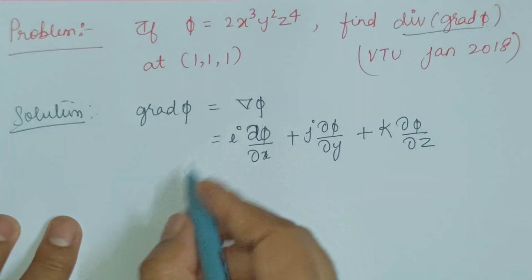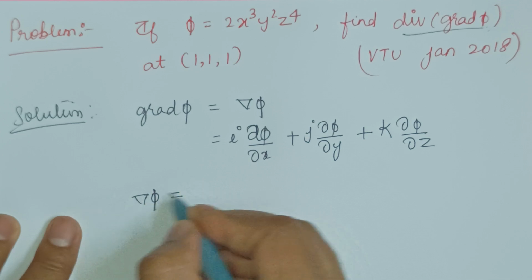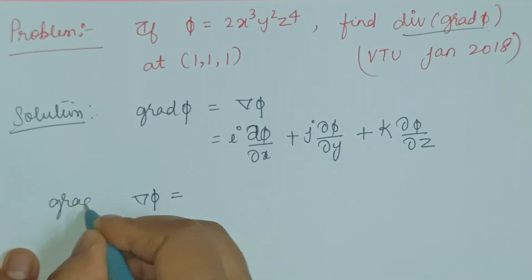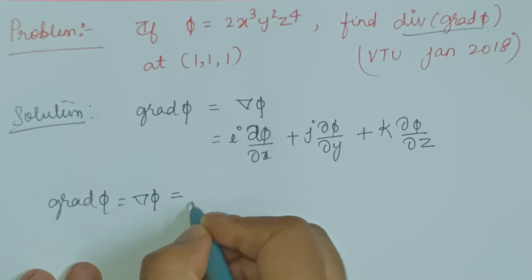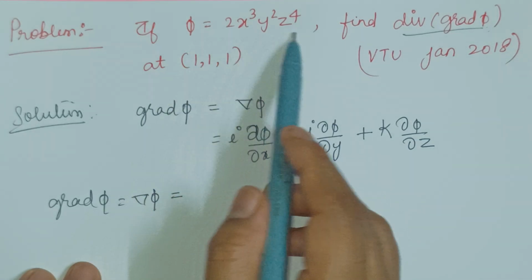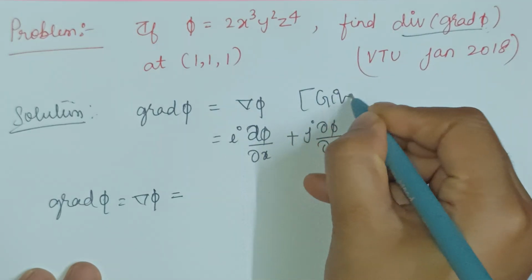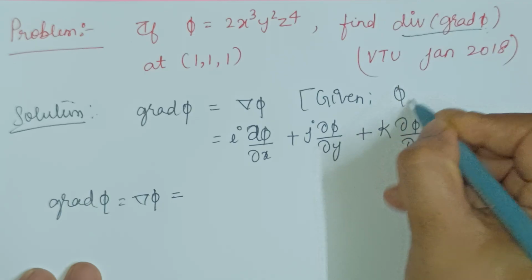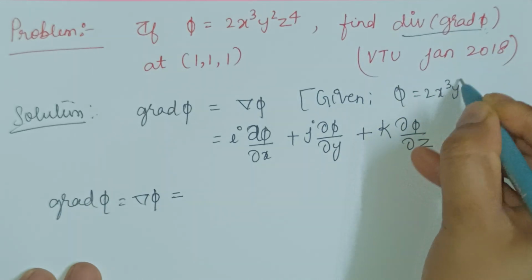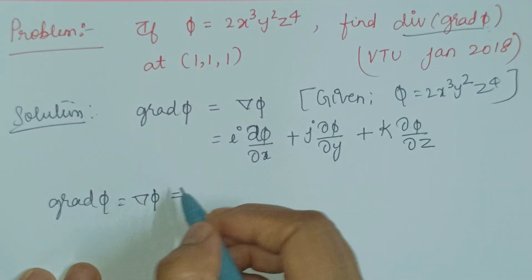Now to find grad phi, what is phi given as? Phi equals 2x cube y square z to the power 4. This is the given, right?